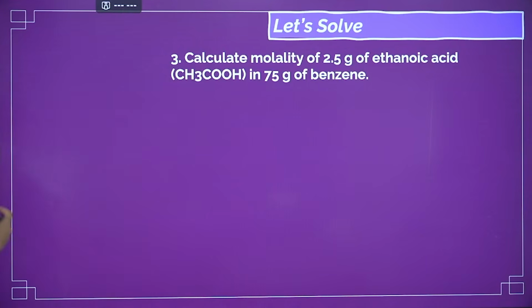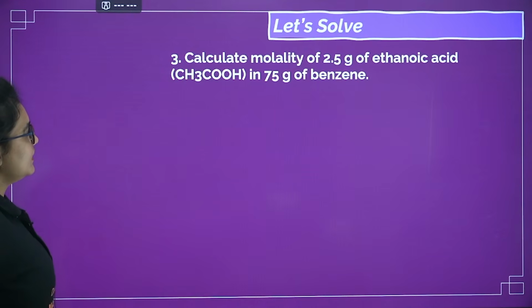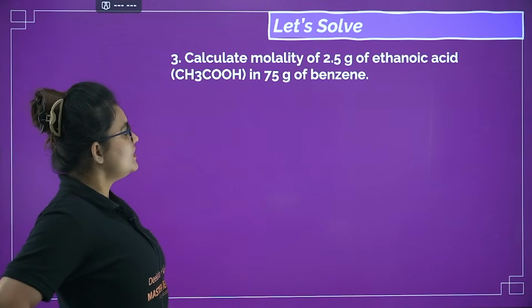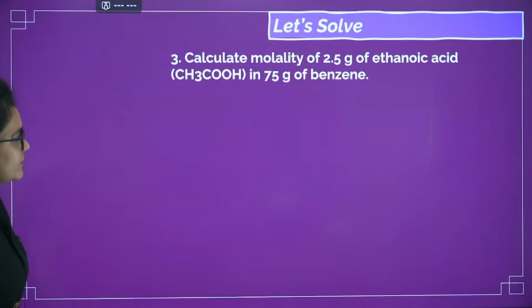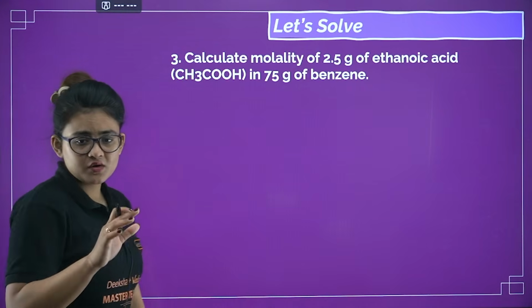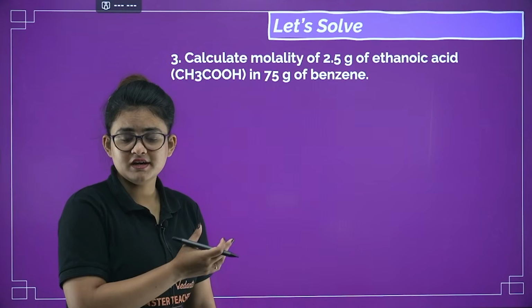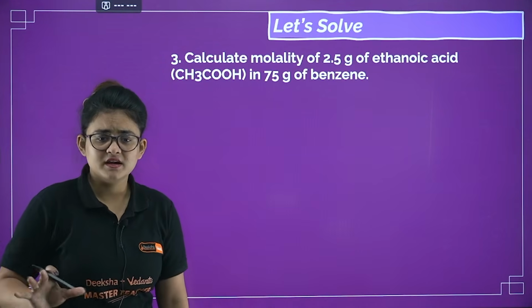Here you can see, calculate the molality of 2.5 gram of ethanoic acid in 75 gram of benzene. Again we are just going to put the formula over here and simply calculate it, that's it.